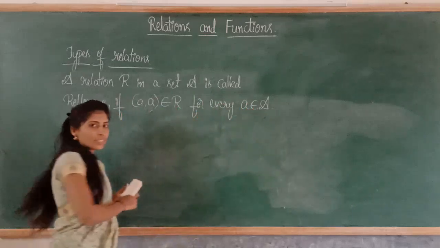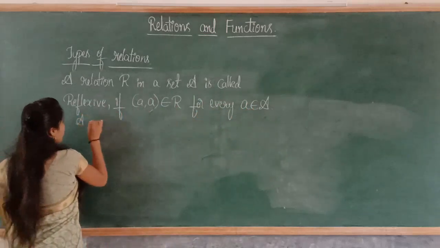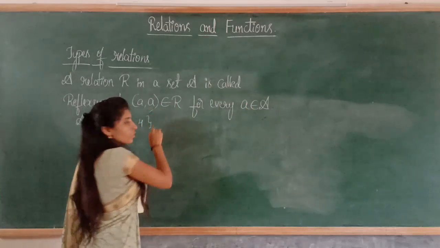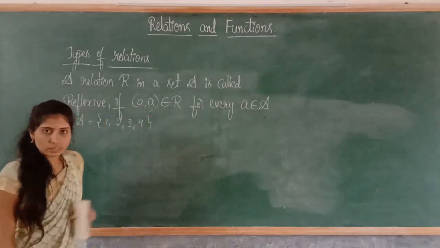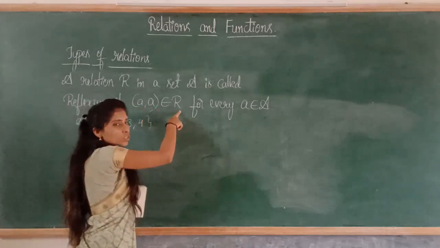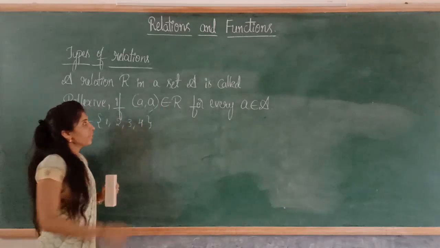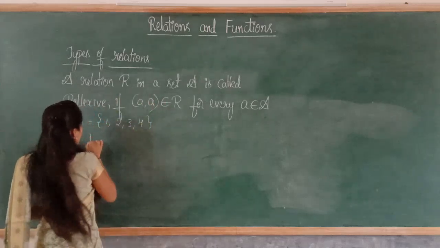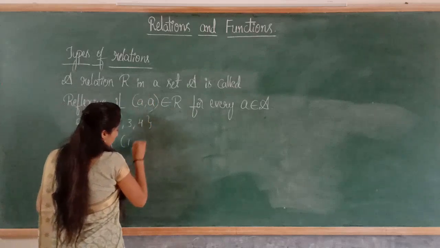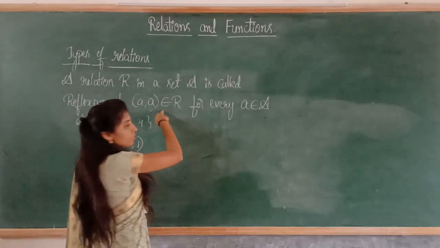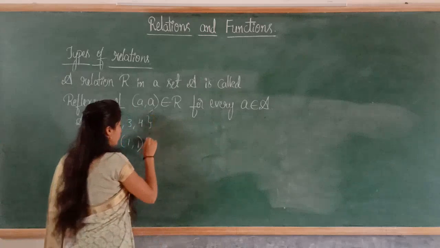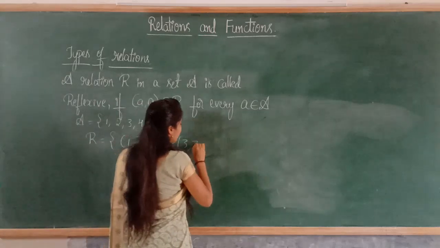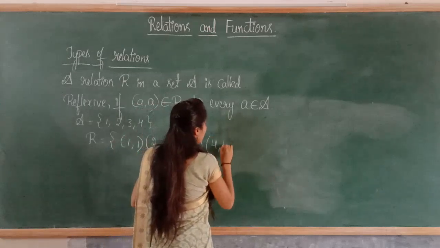Okay, so I will give you an example. Suppose set A is equal to {1, 2, 3, 4}. The reflexive relation should be like (1, 1) belongs to that relation and (2, 2) belongs to that relation and (3, 3) belongs to that relation, like that. Okay, R is equal to, suppose (1, 1), then (2, 2), (3, 3), (4, 4).